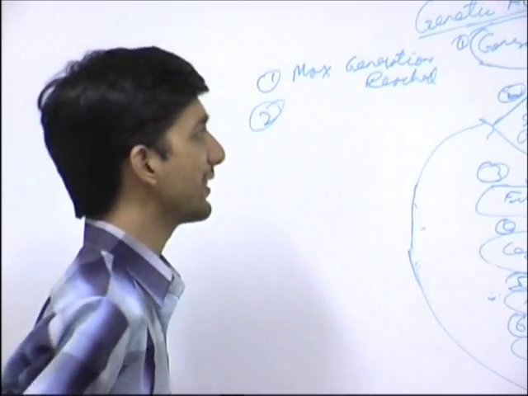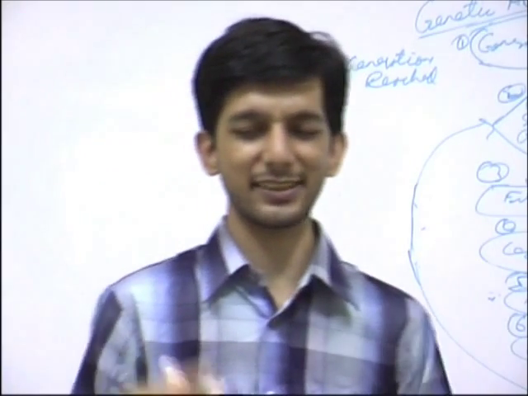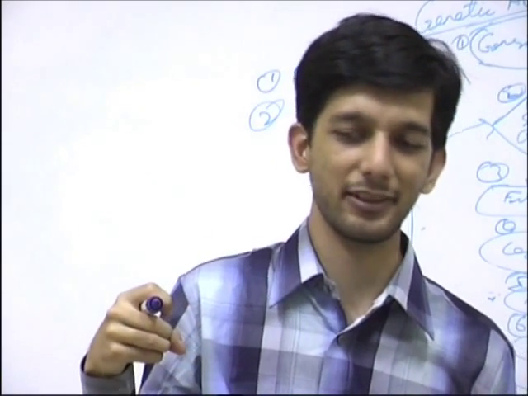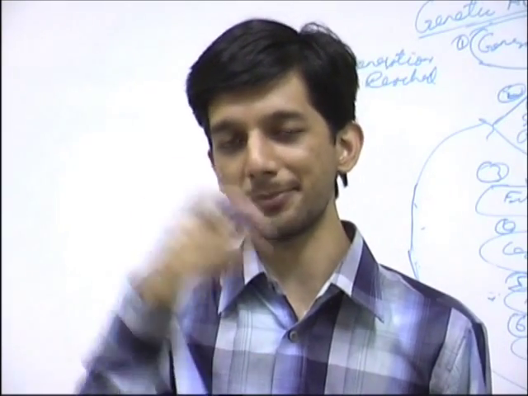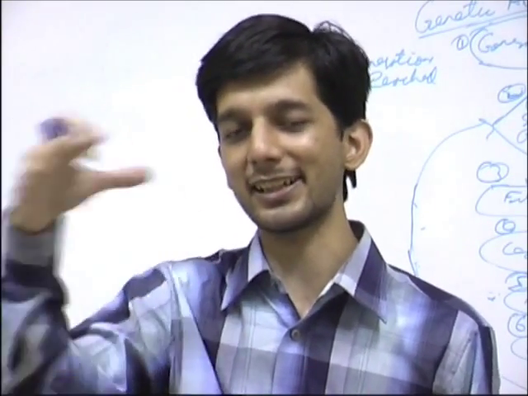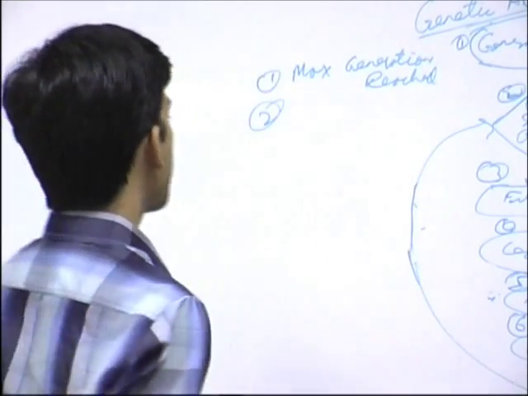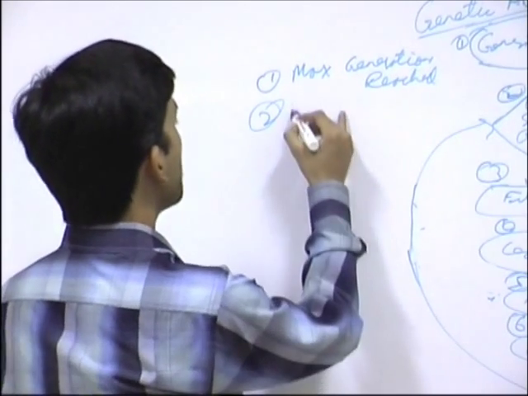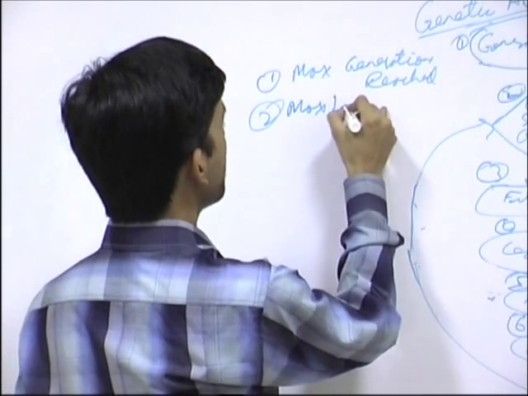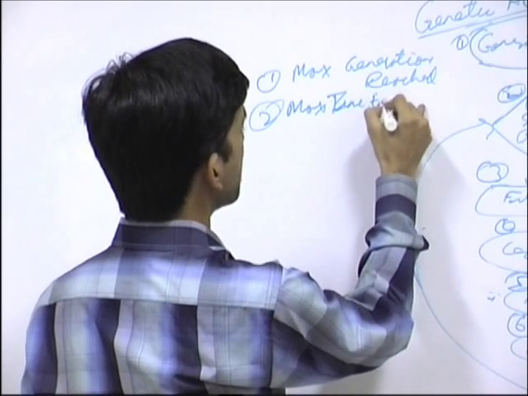The second may be maximum generations reached. That means I say I could run the evolution for some 150 generations. So the algorithm generates the first generation, second, third, fourth, up to 150, and then terminates. The next says that I have a maximum time elapsed.